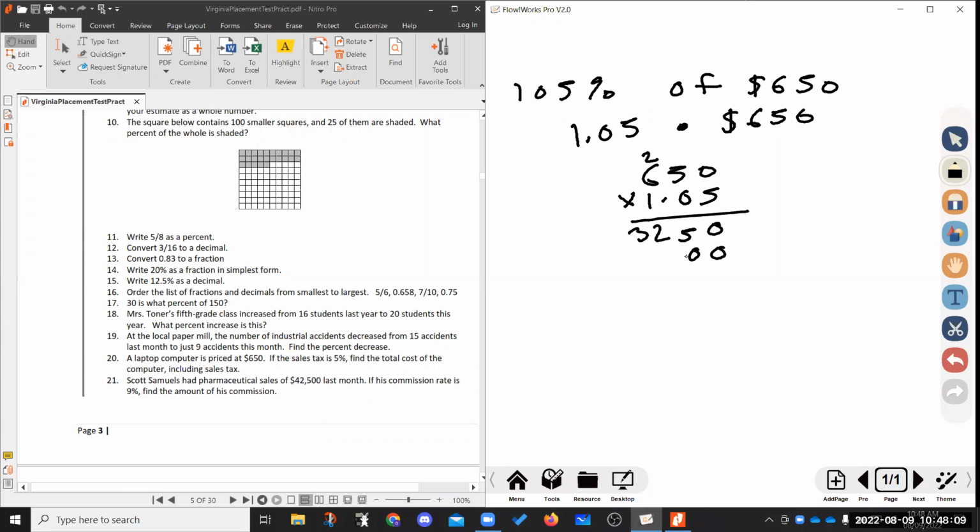That's a 0 already, so I'm just going to put a 0 in its place value and shift over. 6, 5, 2, 8, 6, and I count 2 decimal places here. So it's going to sell for $682.50 after sales tax.